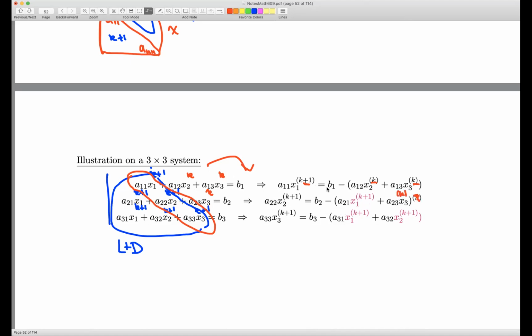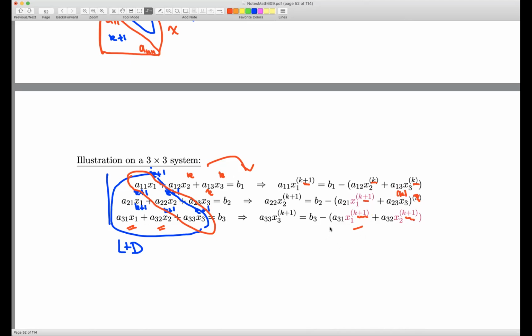This is a typo. Then we leave a33 x3^(k+1), and we move this and this to the right. But when we move them to the right, you see that the upper index is k plus 1, and I put them here in red.